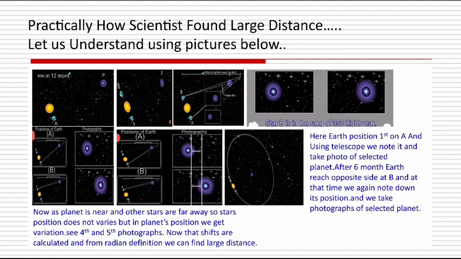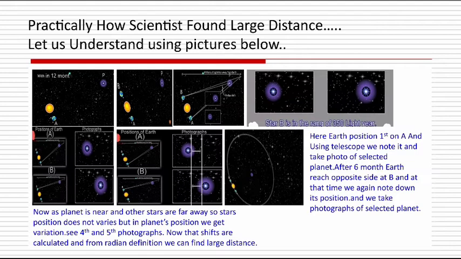The second figure indicates that when 6 months are completed, the Earth comes to position B. Initially we observe the planet P from position A of the Earth and note in our notebook the direction and the angle.